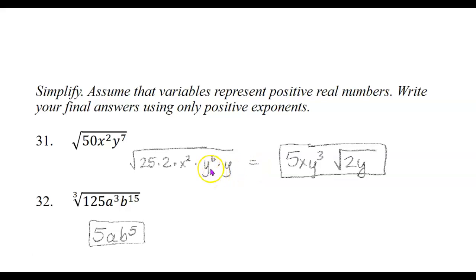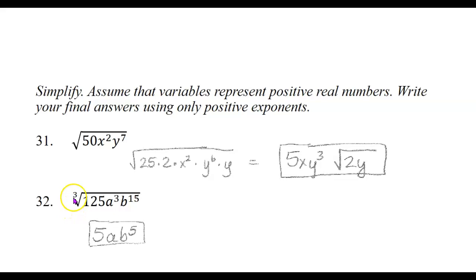The square root of y to the 6th would be y to the 3rd, and then we've still got the square root of y. So after we pull as much as we can out from under that square root sign, we have 5xy to the 3rd times the square root of still 2y.